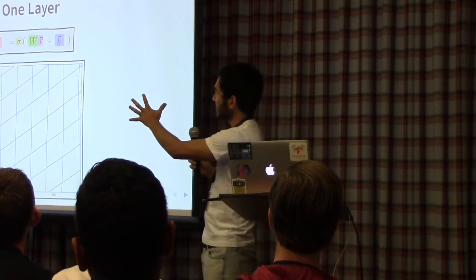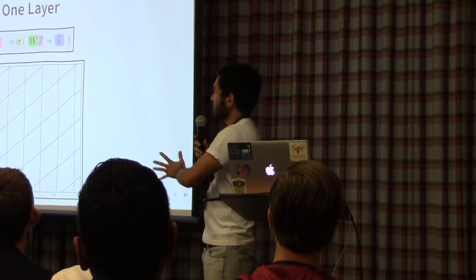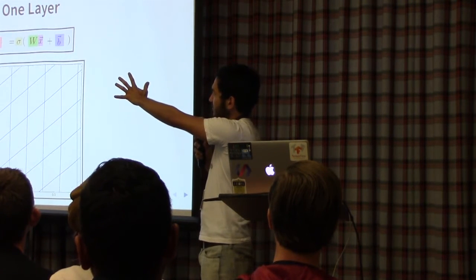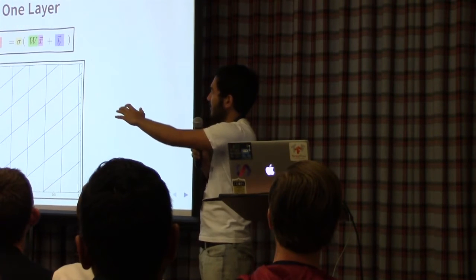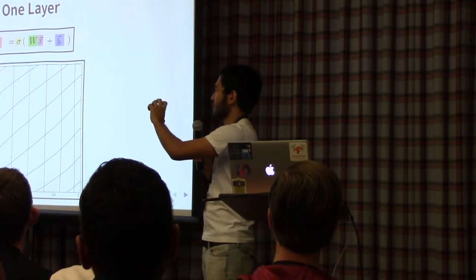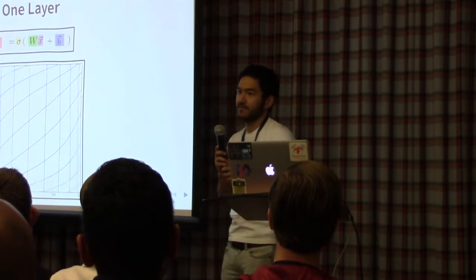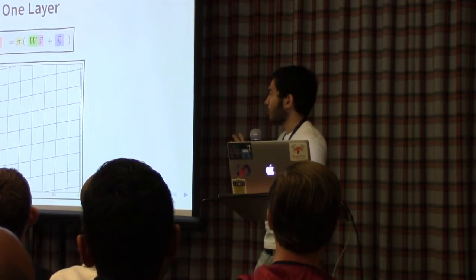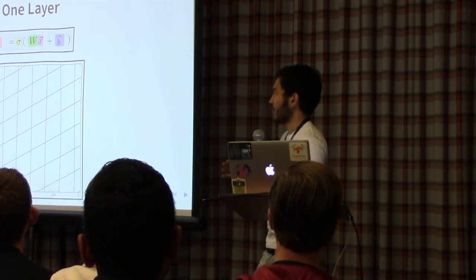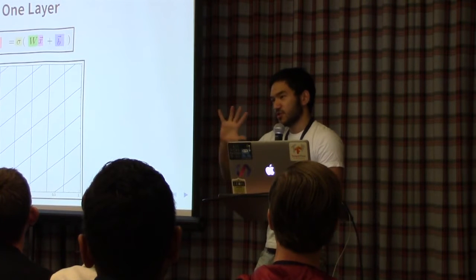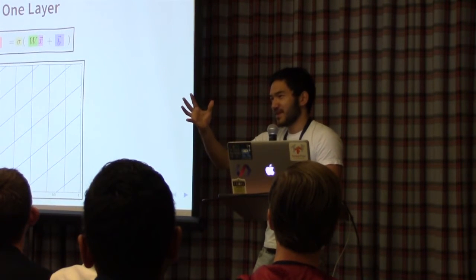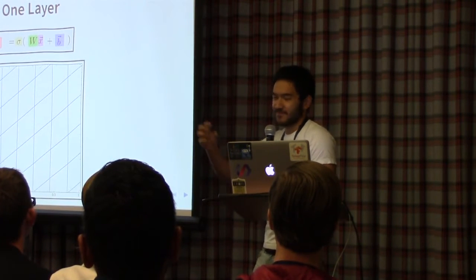First, we're going to stretch the space. Then we're going to shift it, which is the bias add. And then finally, we kind of twist it a little bit with our nonlinearity. So that's the whole activity of neural networks. We're going to sort of stretch things a bit, shift them a bit, and then squeeze them a bit.